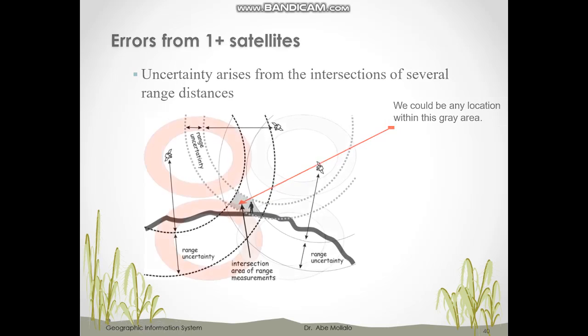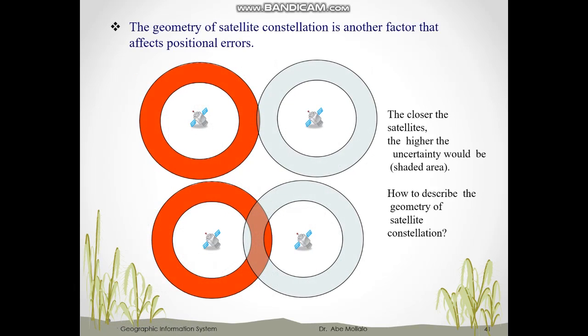And also, the geometry of the satellite constellation is another important factor that affects positional accuracy. Here, the first figure on top shows that we have two separate satellites that are at a decent distance from each other, and the intersection between them is this small area.